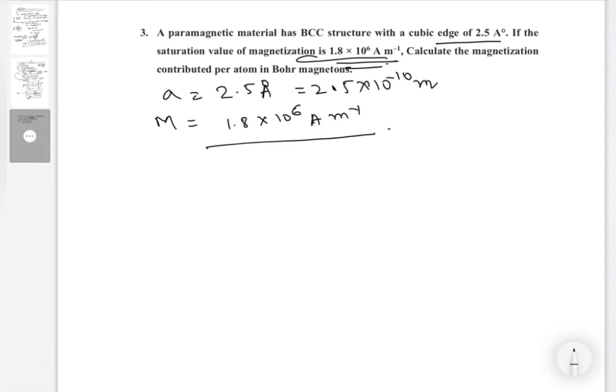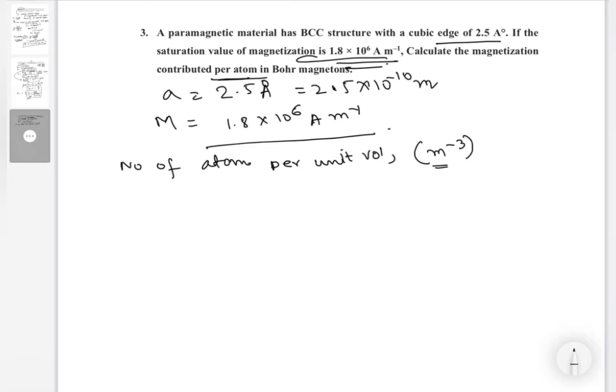Now what we have to calculate, because we see here that it is saying about per atom, so for that we first have to have the number of atoms in unit volume. So in other sense, the atomic density. So number of atoms per unit volume. So the unit will be meter minus 3, right?